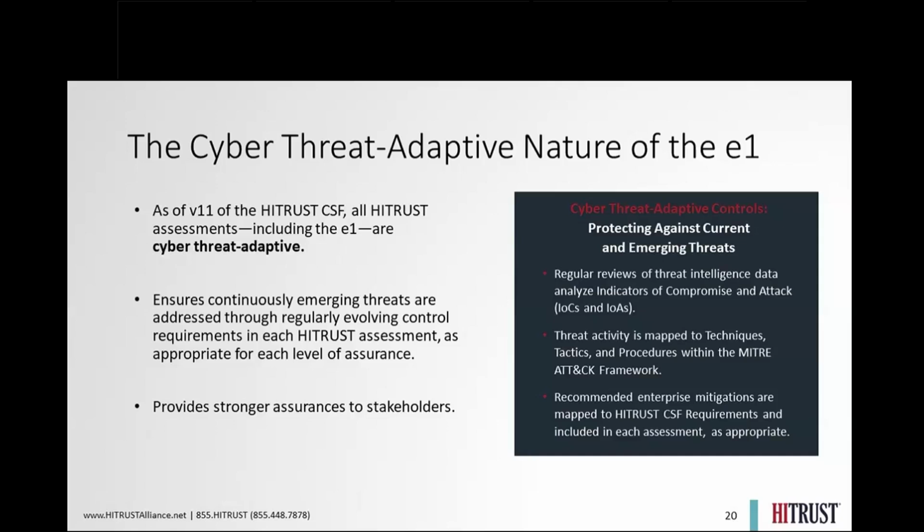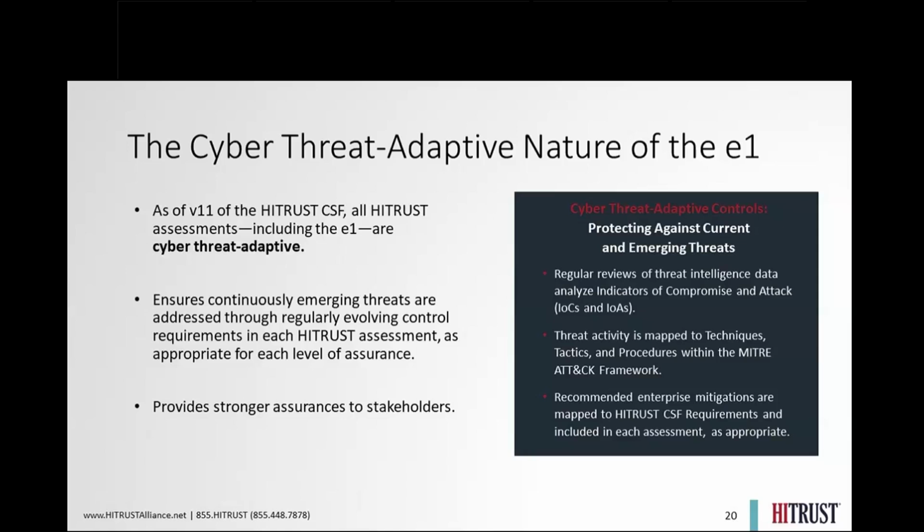And so, as we built CSF version 11, we spent a lot of time thinking about the reality of that and the fact that security assurance needs to evolve in a more agile way than maybe what's possible with other frameworks. And so the whole approach to this is to focus on threat adaptive as the outcome.